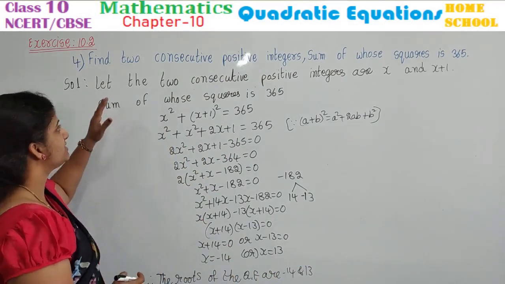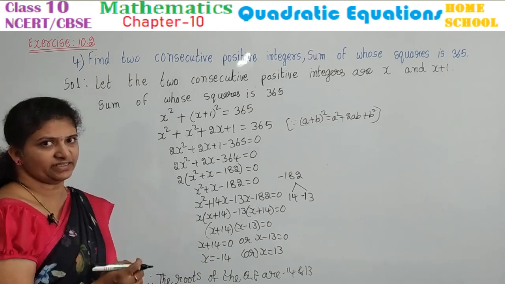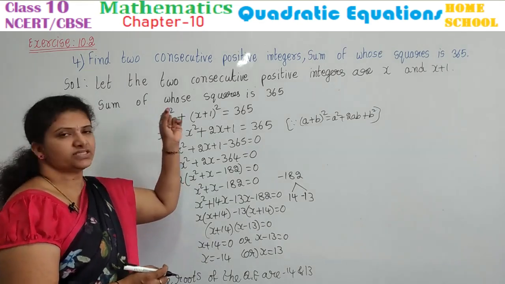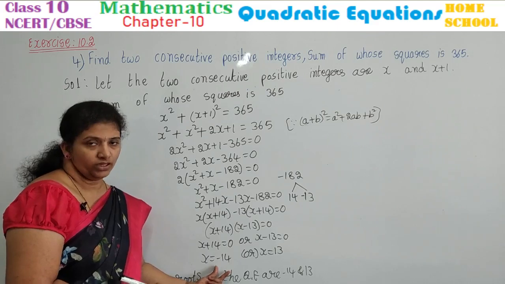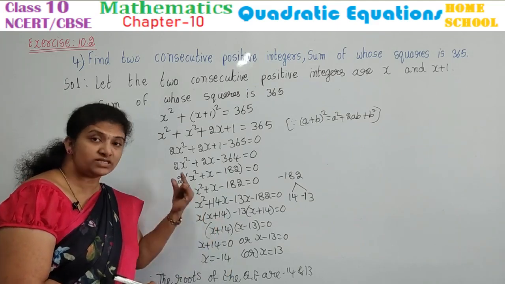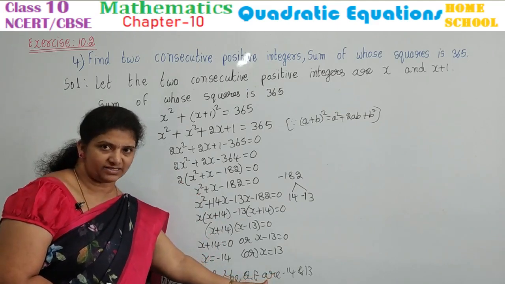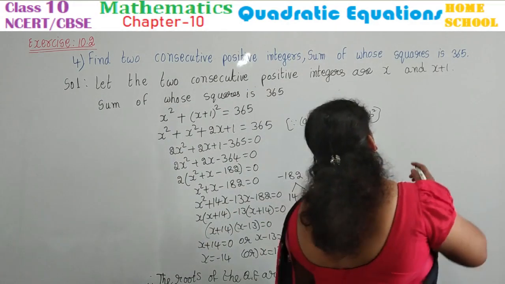No. They asked us what are the two consecutive positive integers. When you see the word positive, will you consider this root? No. They have given positive integers. Though it is a root in your answer, neglect this minus 14 and take 13.